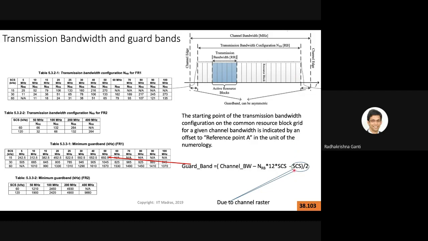My understanding from my reading was that this is mainly to synchronize with the channel raster. I'm not very sure why they do that. They subtract one additional subcarrier to get the guard band, giving a little bit more guard band. The reason I was able to find out was that it's mainly to do with synchronization to the channel raster, but I'm not very convinced. I'm trying to find out why that is the case.